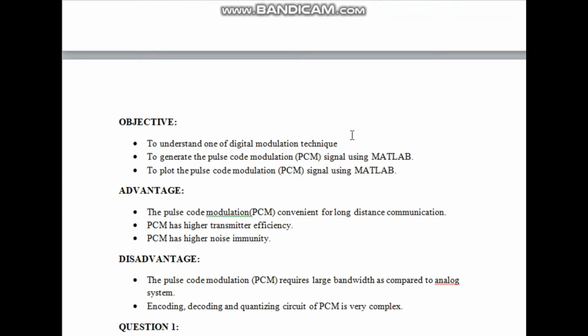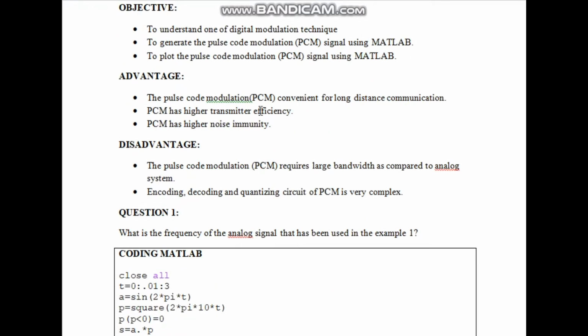The objective is to understand one of the digital modulation techniques, to generate the pulse code modulation PCM signal using MATLAB, and to plot the pulse code modulation signal using MATLAB. The advantage of PCM is that it is convenient for long distance communication.